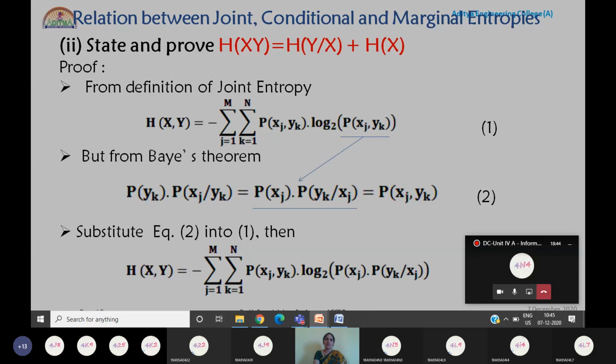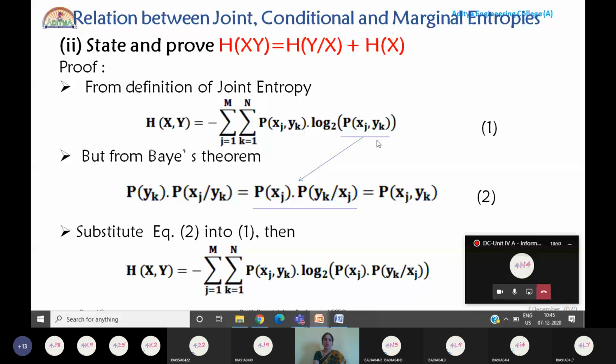Similarly, for the other relation also, we took the LHS and wrote the expression for joint entropy. Inside the logarithm, we used Bayes' theorem and replaced based on the RHS. Because if the RHS is H of y by x plus H of x, you make use of P of xj comma yk as P of xj into P of yk by xj and replace.